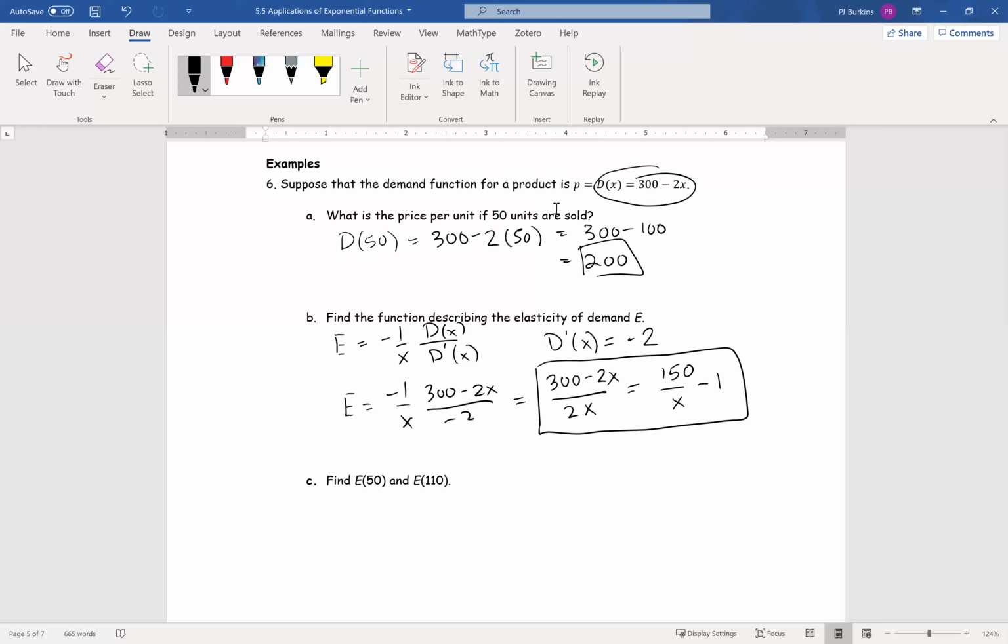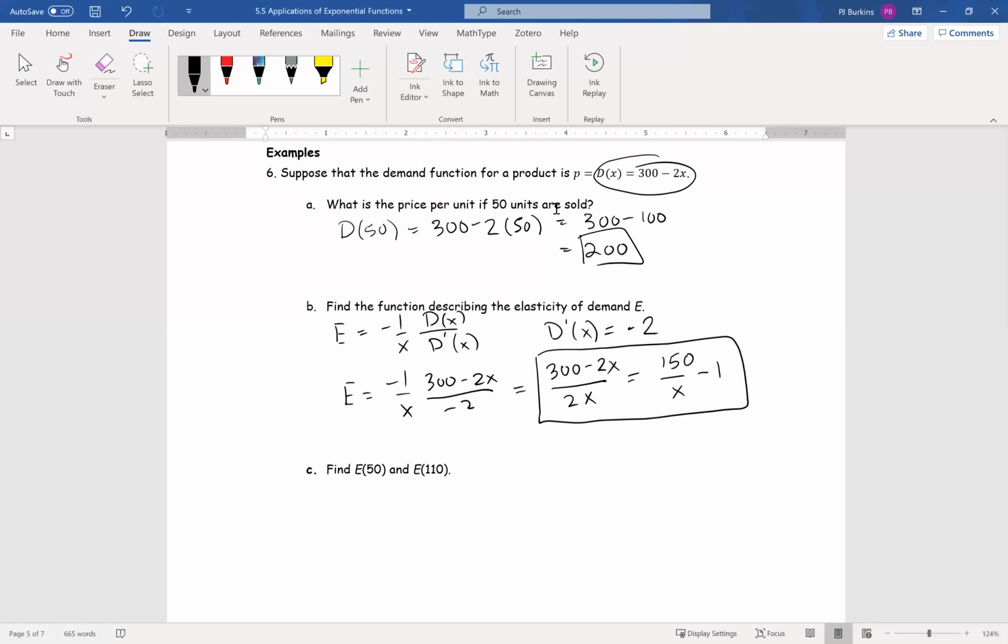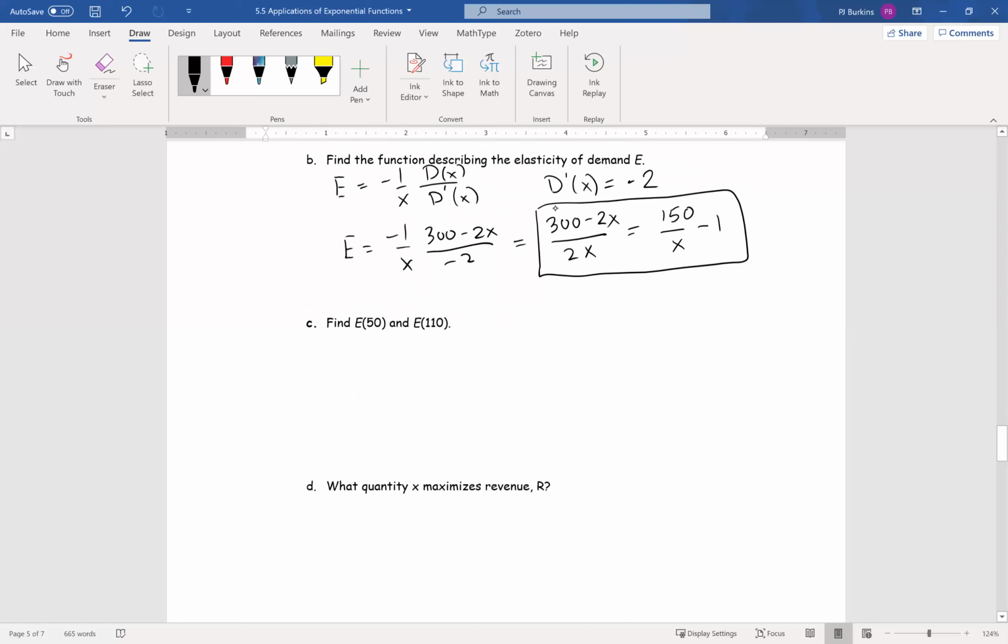Part C says, can we find the elasticity for 50 and 110? Of course we can. We've got E of 50. It's 150 over 50 minus 1.